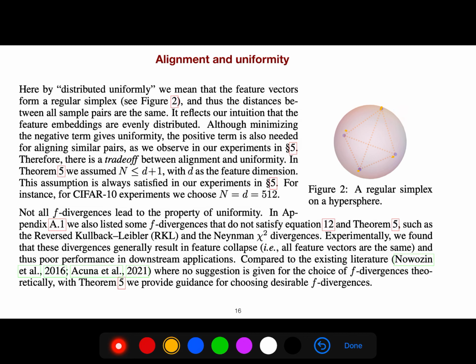Although minimizing the negative term gives uniformity, the positive term is also needed for aligning similar pairs, as we observe in our experience. Therefore, there is a trade-off between alignment and uniformity, these two important measures in contrastive learning, that show whether your contrastive learning algorithm is good or not, and whether it has collapsed to a single point or subspace or not.